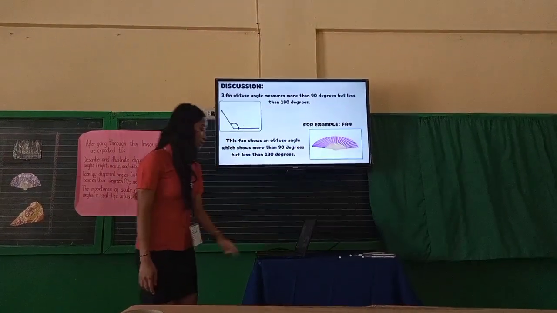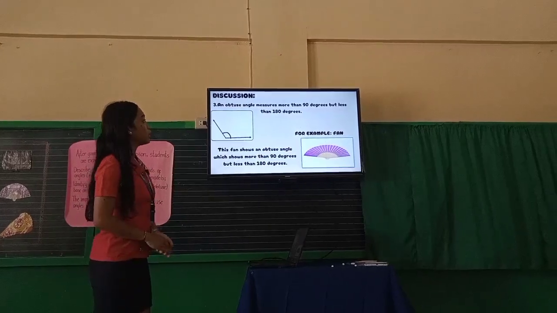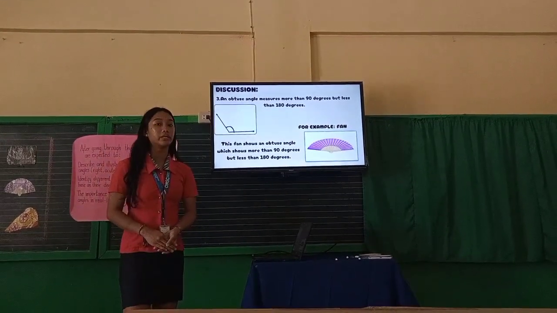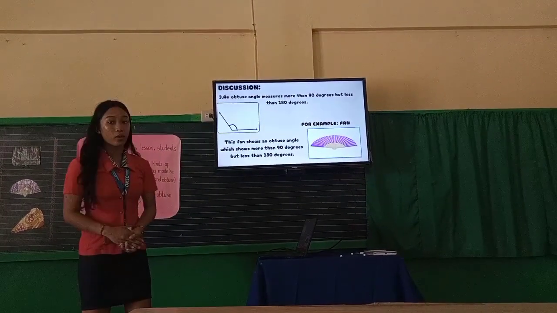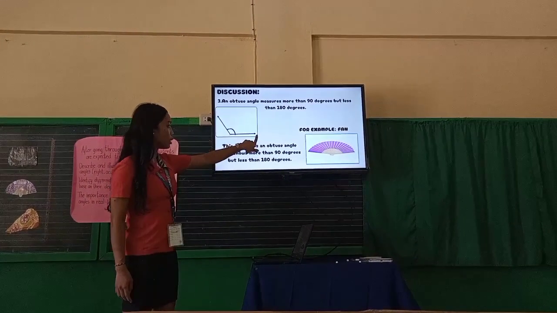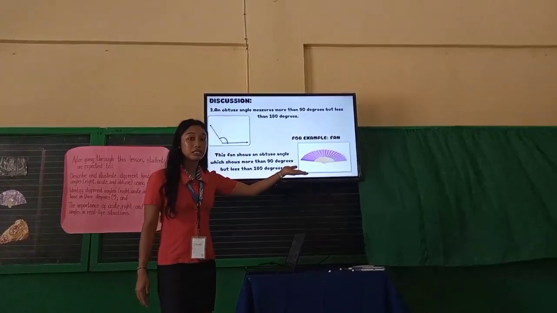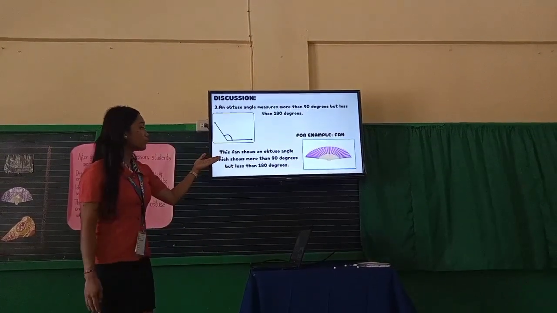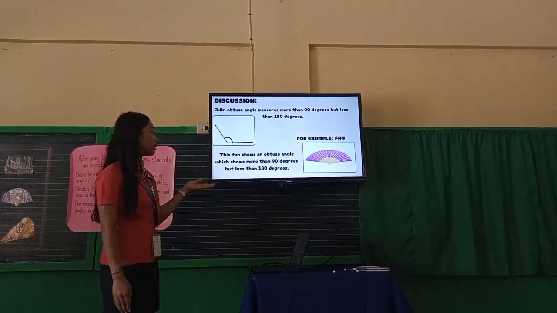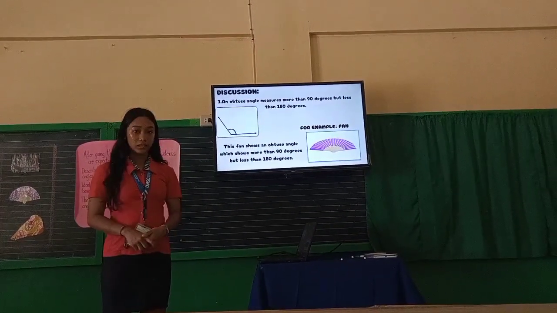For the last one, an obtuse angle. An obtuse angle measures more than 90 degrees but less than 180 degrees. So, this one is an obtuse angle. For example, this fan. This fan shows an obtuse angle, which measures more than 90 degrees but less than 180 degrees.